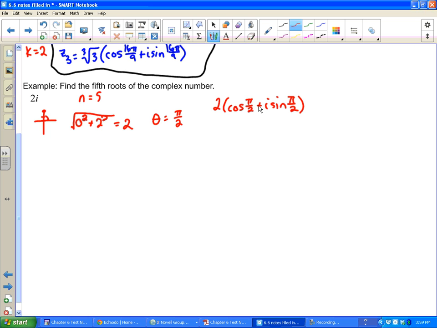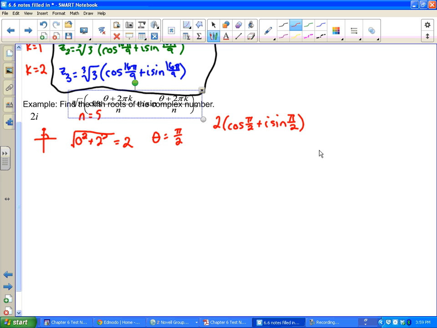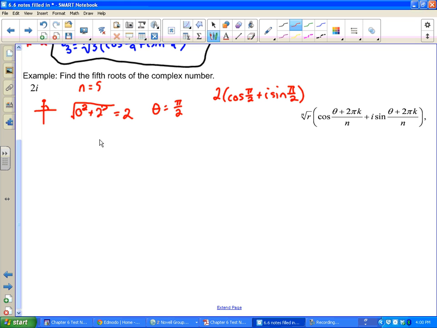Now we're trying to use this formula that was up at the top. This one right here. Oh look, here it is again. Okay, we're trying to use this formula to figure out the 5 fifth roots of this complex number. So we know n, we know r, and we know theta now.